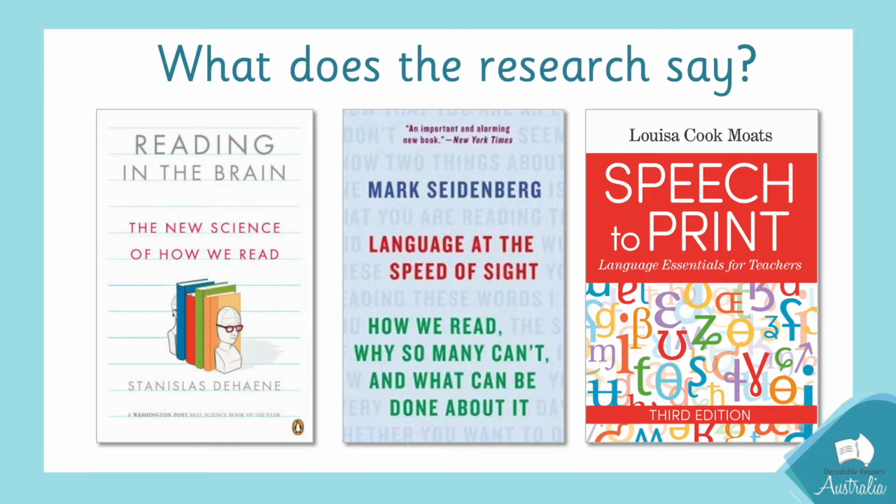When we really get our heads around the research and understand how the brain best learns to read, we start to discover for ourselves that these traditional leveled texts are not the methodology that's going to be the most effective for our students. Now, although some students may still pick up the skills of reading, the majority, and more importantly, our students that are vulnerable and at risk, will not be able to learn using these types of texts.